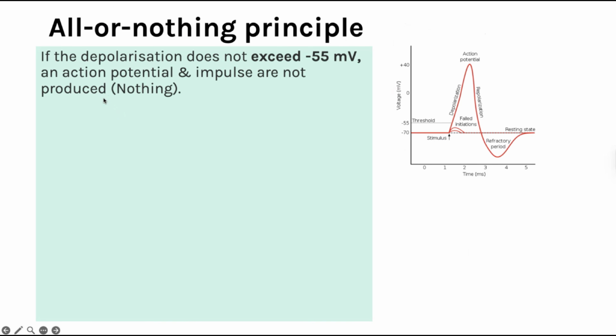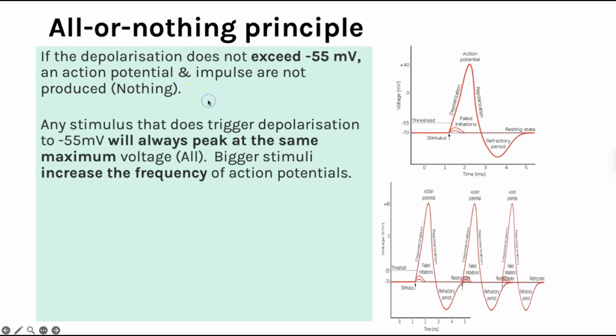So the all or nothing principle: if the depolarization does not exceed the minus 55 millivolt threshold, an action potential does not occur. So we previously talked about that, and that's the nothing part of the principle. Any stimulus that does trigger depolarization to at least that minus 55 millivolt threshold will always trigger an action potential, and it will always peak at the same maximum.